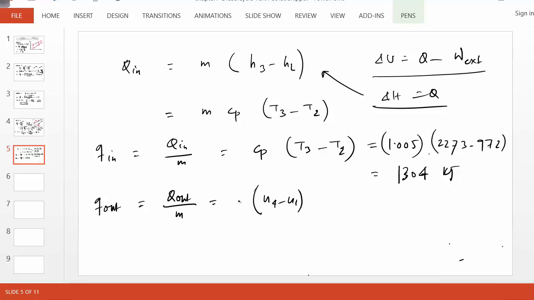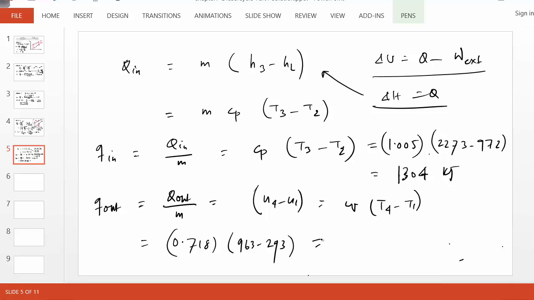So it's CV times T4 minus T1, and CV is 0.718. T4 is 963 and T1 is 293, and that gives us about 479 kilojoule.